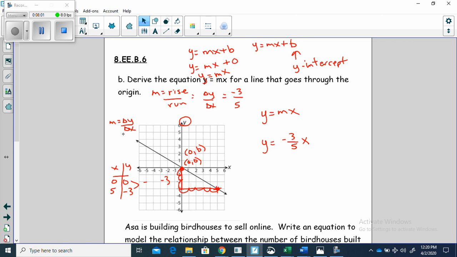That would be 0 minus -3. And this would be 0 minus 5. 0 minus -3 is 0 plus 3, which is 3. 0 minus 5 is -5. That would give me the same thing as the -3/5. I can get the slope either way, by putting 2 points into a chart and finding the difference in y over difference in x, or by using rise over run.